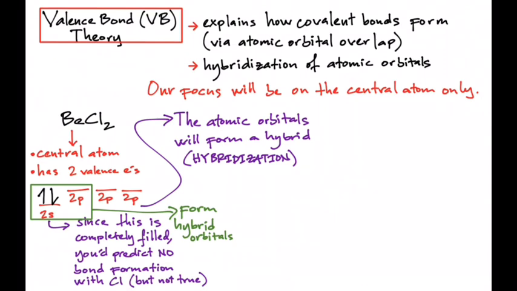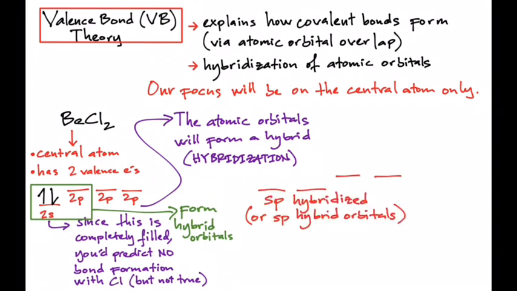So what does a hybrid orbital look like? For beryllium, we have 2 valence electrons, and so the 2s and one of the 2p orbitals will combine and form a hybrid, which we call sp hybridized orbitals. Again, because you have 2 valence electrons, it will form 2 sp hybridized orbitals, as you can see here. These 2 hybrid orbitals are now degenerate in energy, meaning the same in energy. And what about the unhybridized orbitals, the 2p?